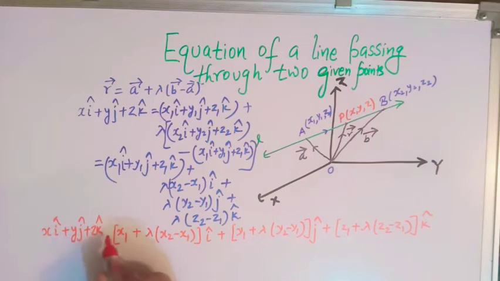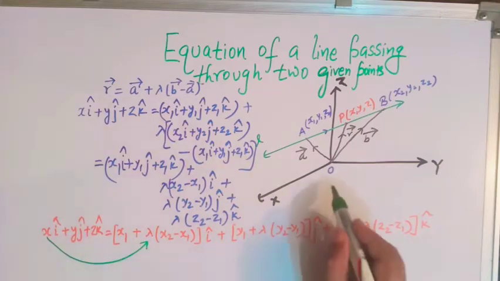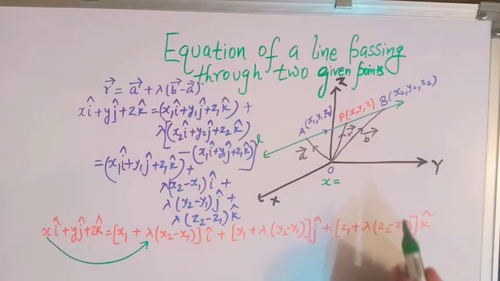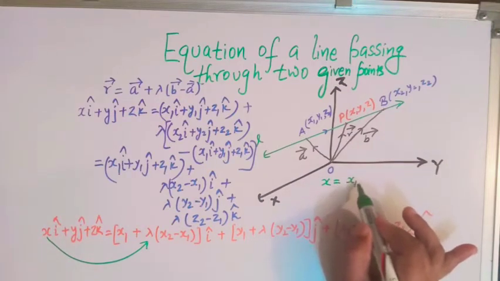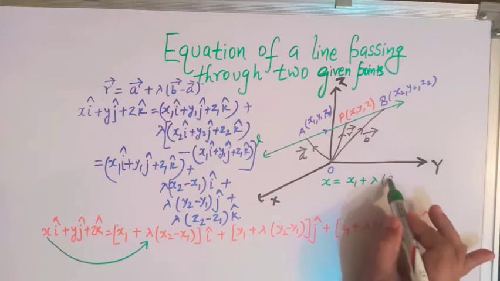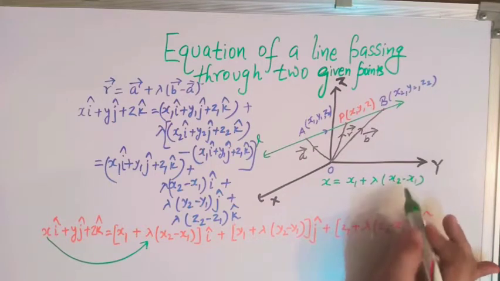So here we have this expression. Now if we compare the i components, j components and k components on both sides, then we see that x is equal to x1 plus lambda times x2 minus x1.